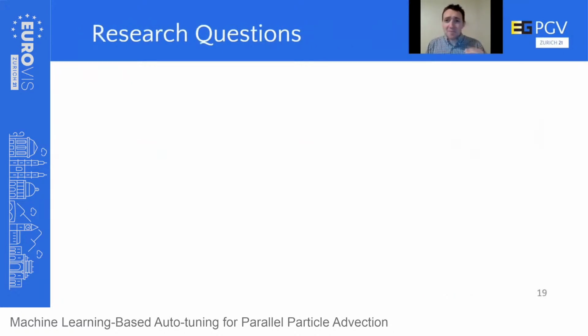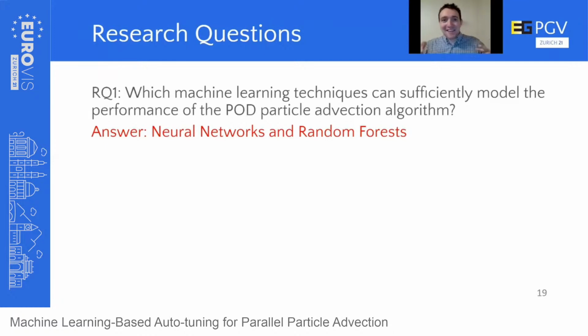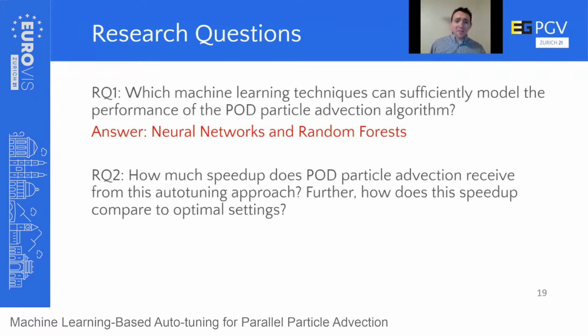So just to recap some of our research questions. The first is, which machine learning technique can sufficiently model the performance of this parallelized-over-data particle advection algorithm? The answer we concluded was neural networks and random forests. They beat the other models we considered. The other thing we wanted to consider is how much speed up our parallelized-over-data particle advection algorithm received.